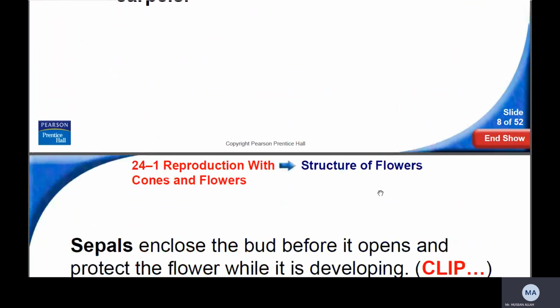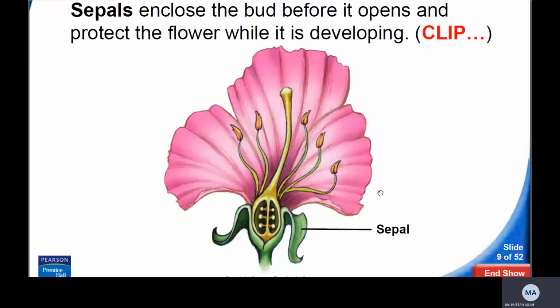Now the first one is sepals, right? They enclose the buds before they open and protect the flowers while they develop. If you look at the flowers, the green part below the colored part, that is called the sepal. This is the sepal part.